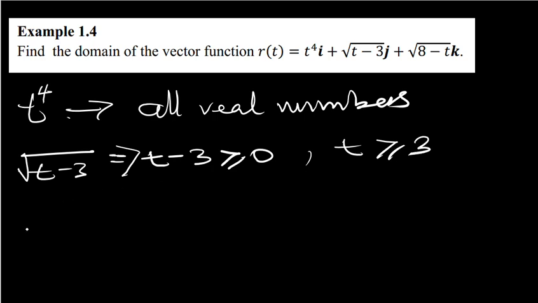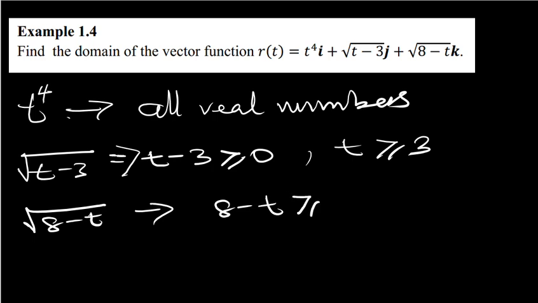Then the last one, the square root of 8 minus t. The domain are all numbers that make 8 minus t greater or equal to 0. This implies 8 is greater or equal to t. Better still, t less or equal to 8.